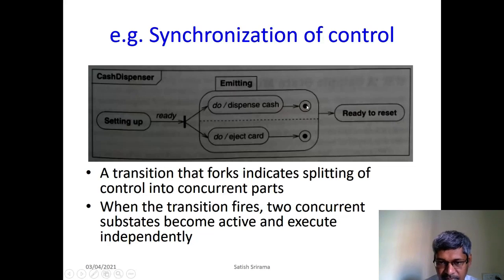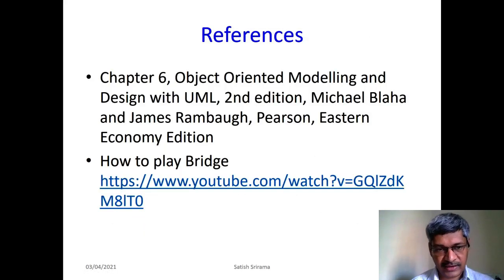However, if you don't put a merge and instead draw a line from here to there and from here to there, with two transitions, the moment one of the transitions finishes, since you are coming out of this composite state, the other substate, whichever state it is in, will terminate. Hope that is clear now. So that's about concurrency.